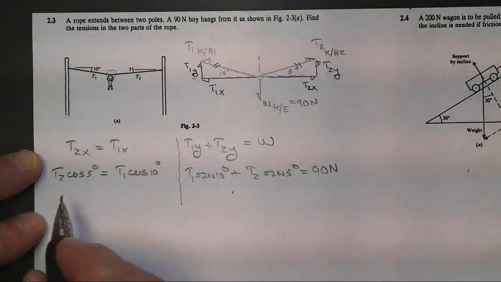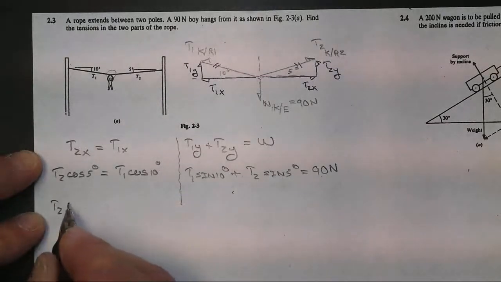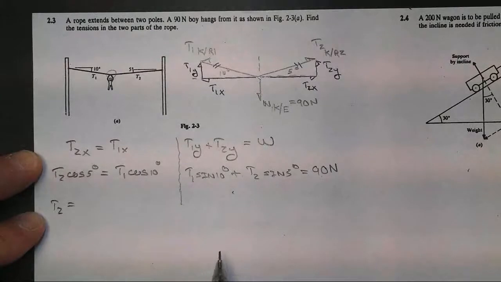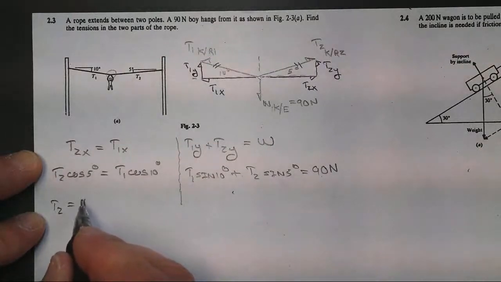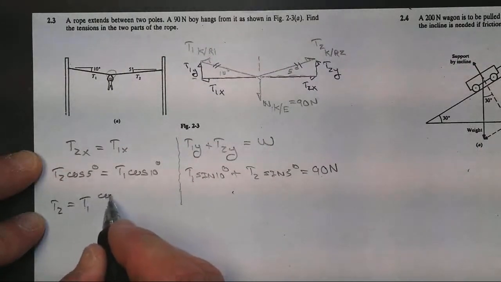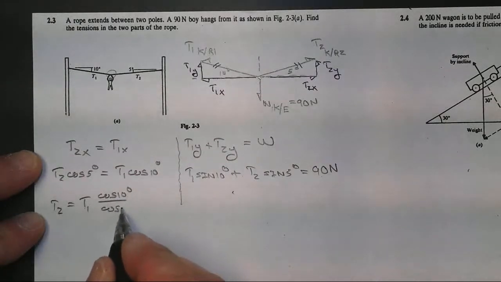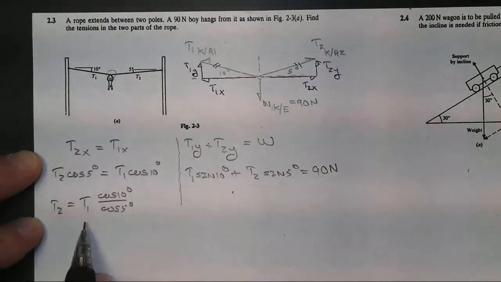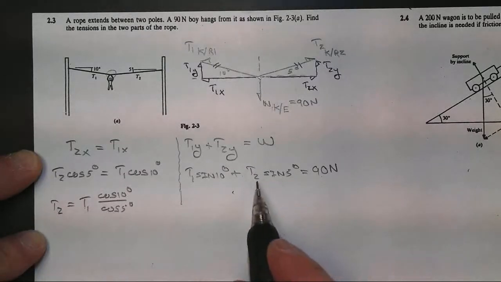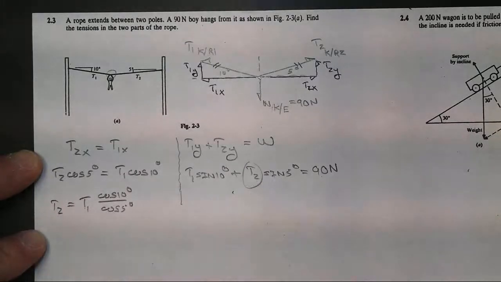So solving this equation for T2, dividing both sides by the cosine of 5 degrees, T2 will equal T1 times the cosine of 10 degrees over the cosine of 5 degrees. Next we'll take what T2 equals and substitute it in right here for T2.